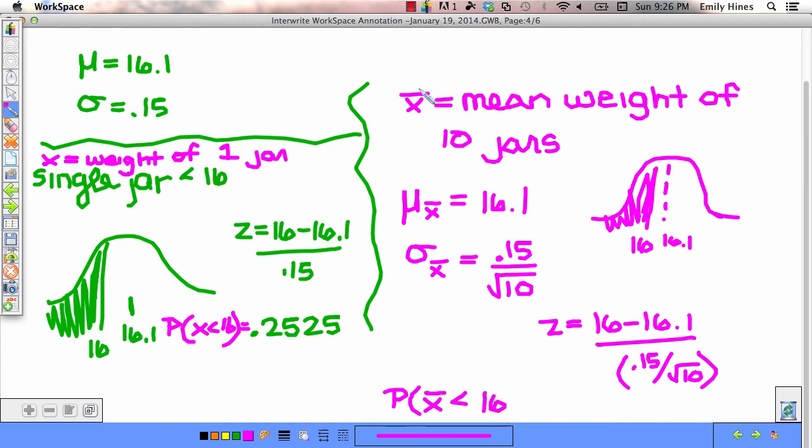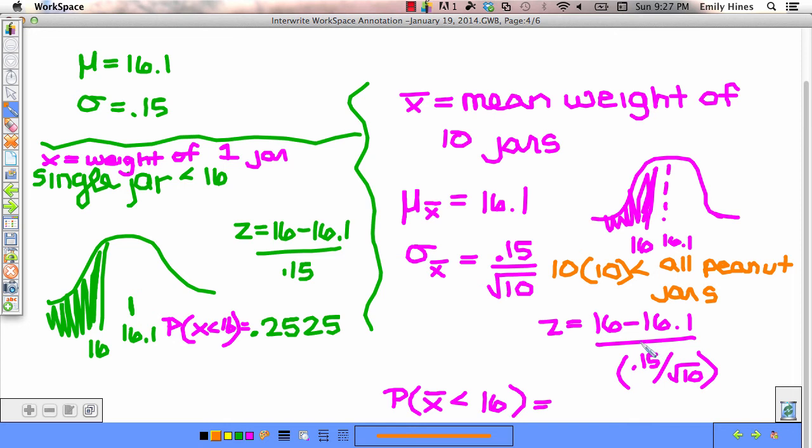Before I can say that this is going to give me a valid answer, I need to check the 10% condition, and I did not. So I would somewhere around here need to say that 10 times 10 is less than all the peanut jars.